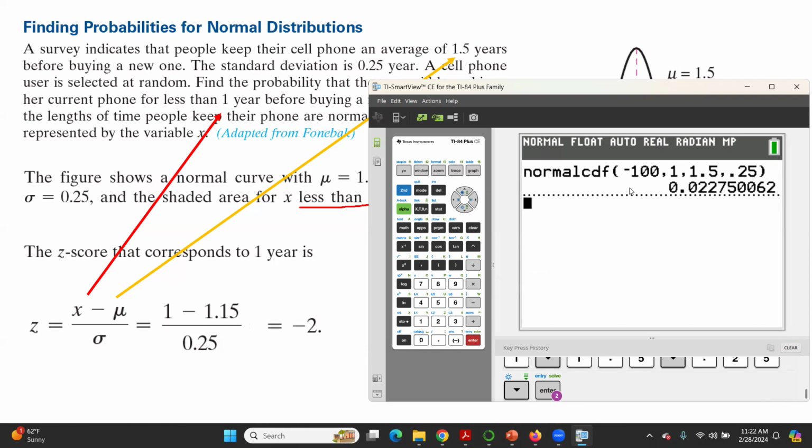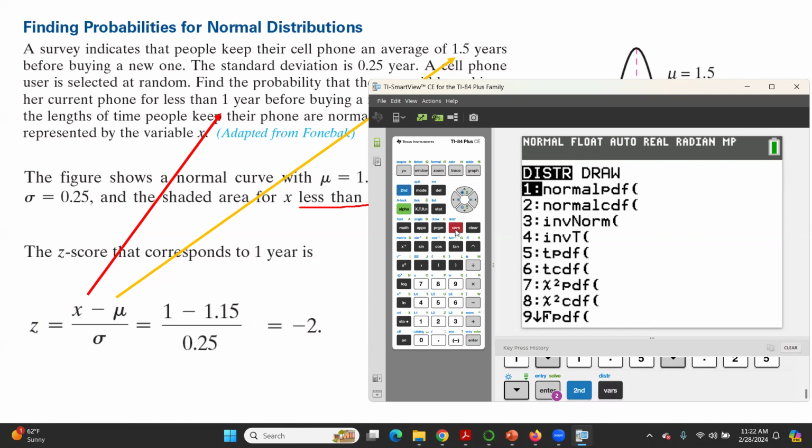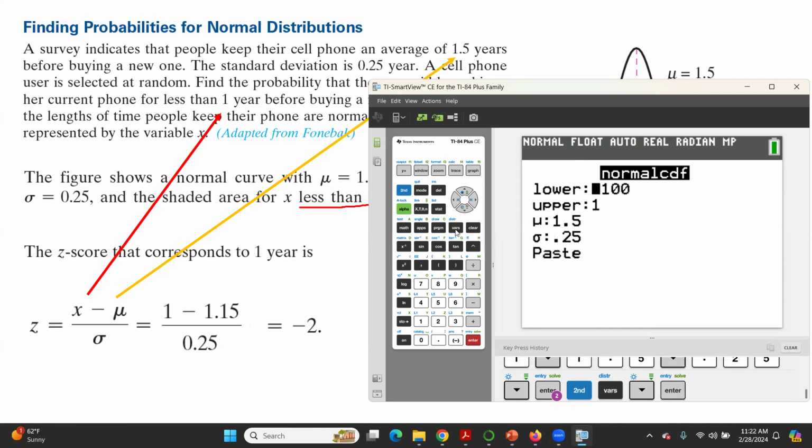If you're deciding to use your z instead, first you have to do the computation and calculate z. We need to know what z is, otherwise we don't know what to enter. So click on second, vars, go to normal CDF, lower bound, you can keep it as -100, -10, -1000, anything works here. The upper bound, however, is -2 now.